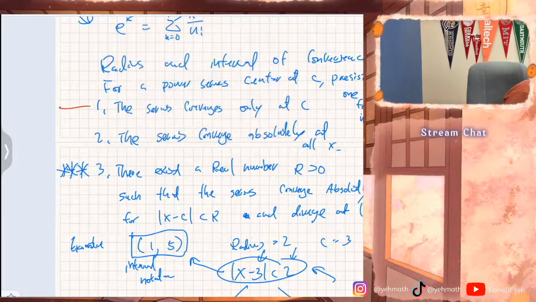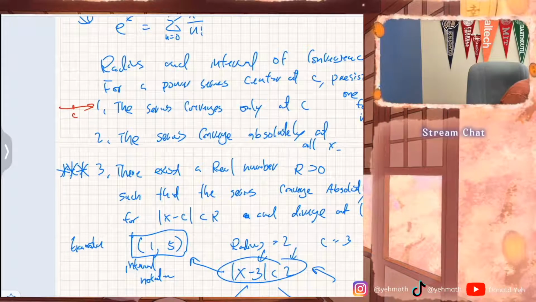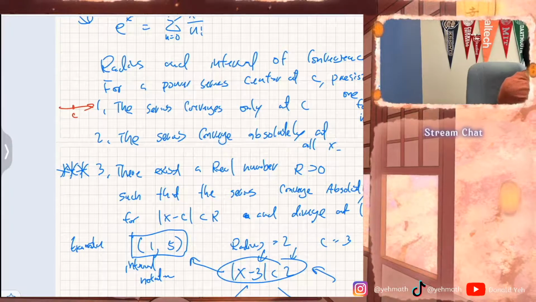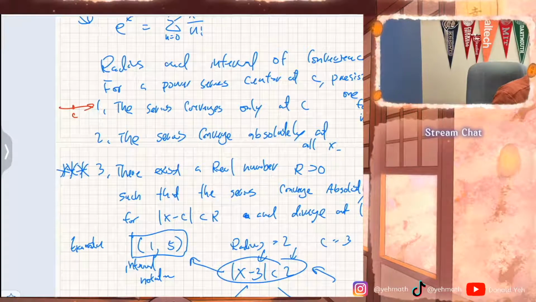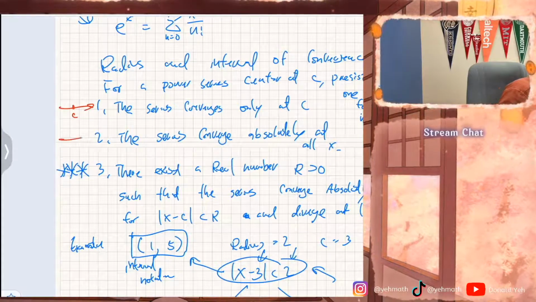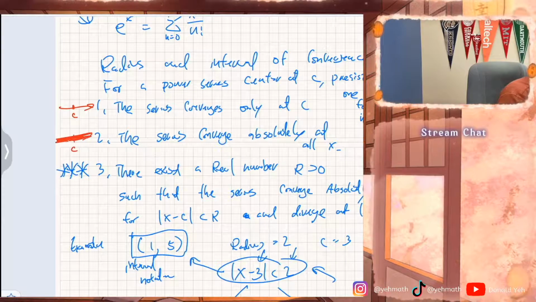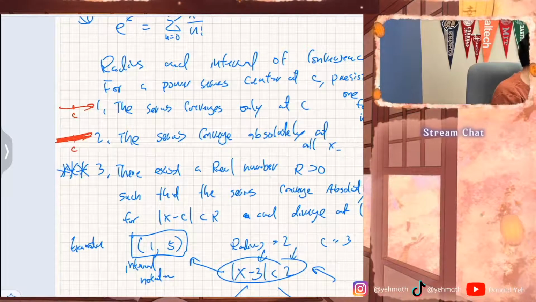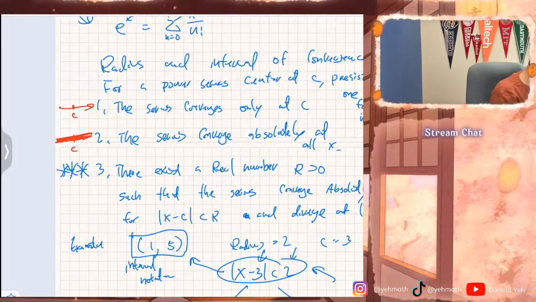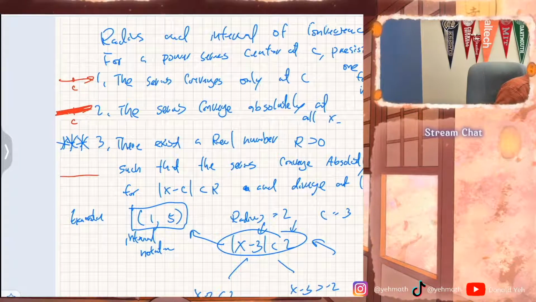So this is going to be the first case: C. This is the only time there's convergence, at this value. The second case is where the series converges for all values, pretty much the whole number line. Now, where is 3? Give me a second.